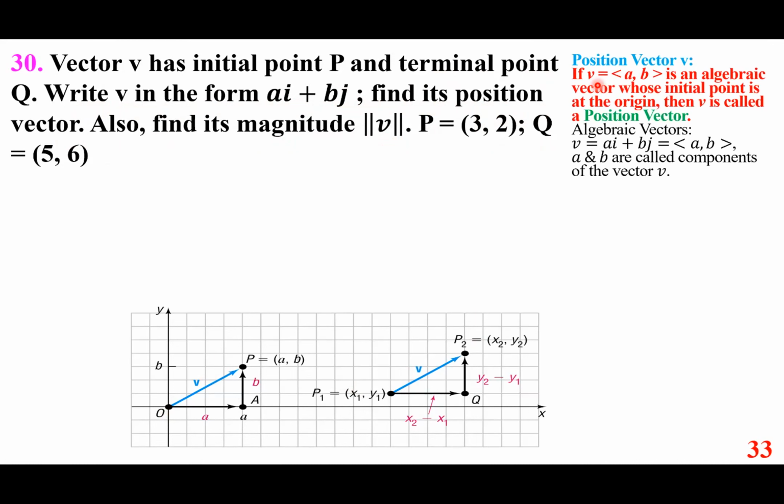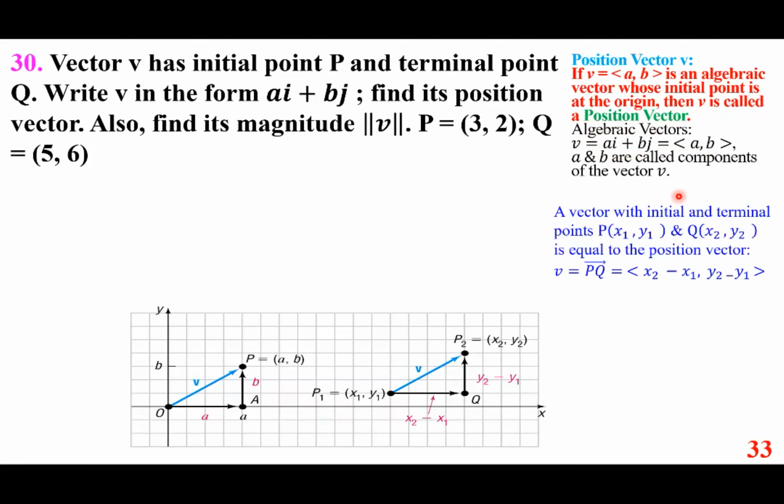So position vector: if V has components a and b, it is an algebraic vector whose initial point is at the origin, then V is called a position vector, the algebraic vector ai plus bj, and so on and so forth. And a vector with initial and terminal points is equal to the position vector (x sub 2 minus x sub 1, y sub 2 minus y sub 1).